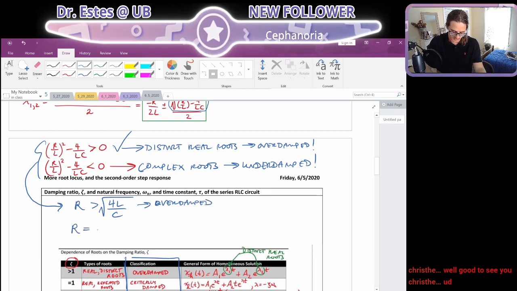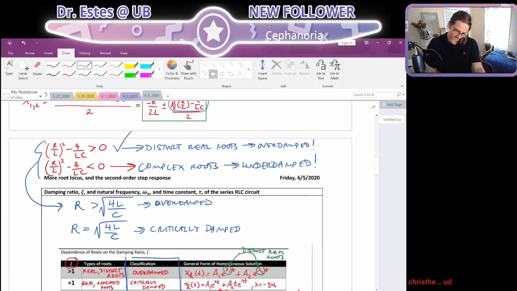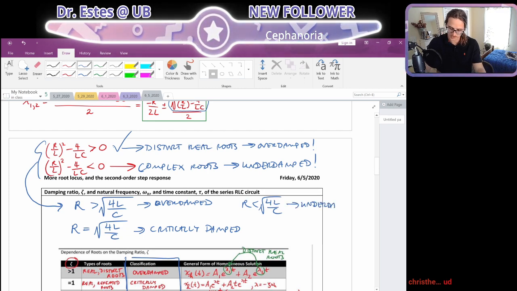And if I set R precisely equal to that, it'll be critically damped. And if I set it to less than that, you guessed it, it's going to be underdamped.